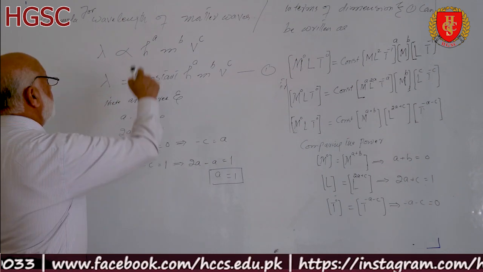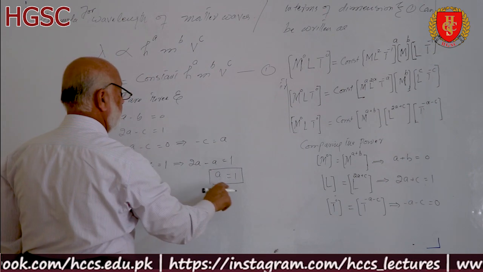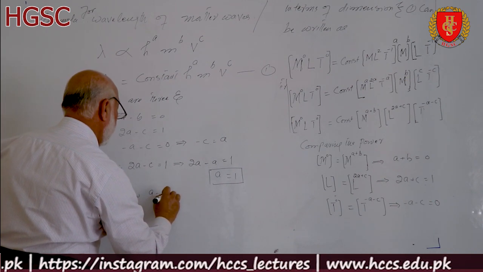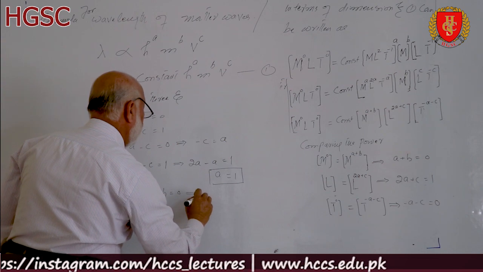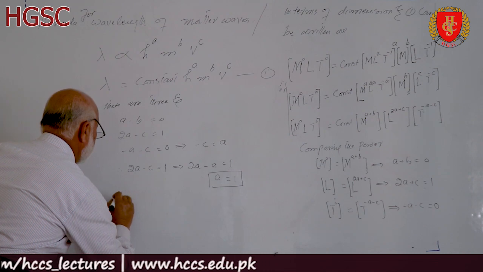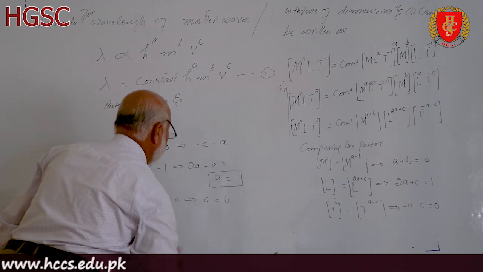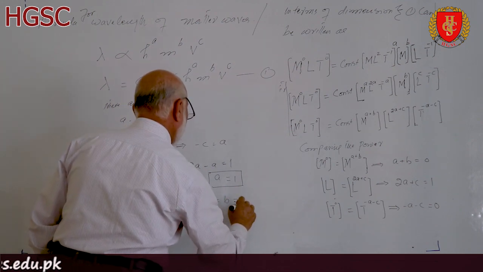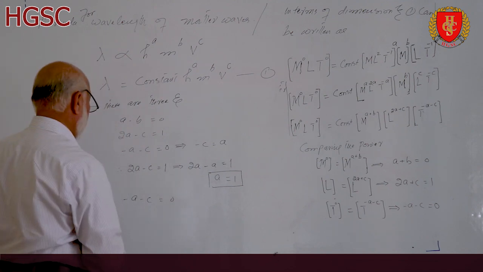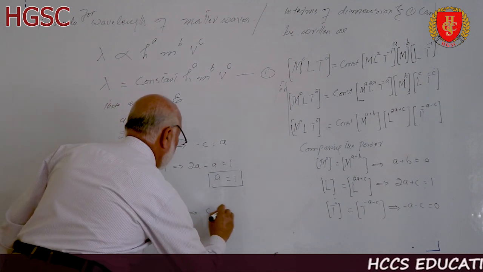This is the power of h, a is the power of h, and numerically that is equal to 1. Now a plus b is equal to 0, so b is equal to minus a. Since a is equal to 1, minus 1 minus c is equal to 0, so c is equal to minus 1.